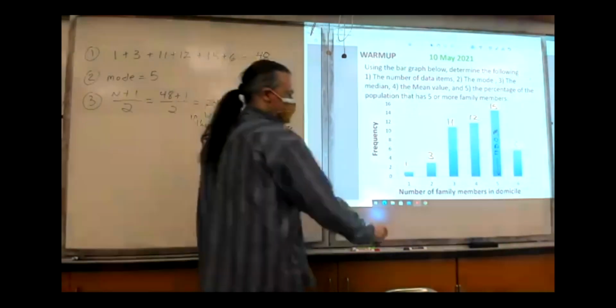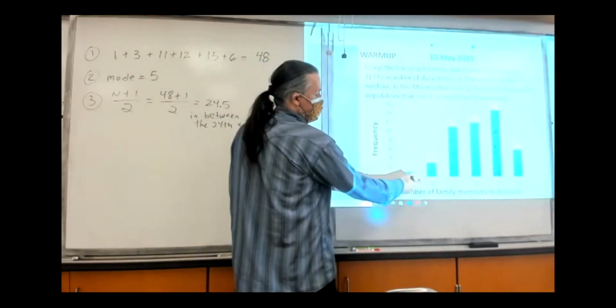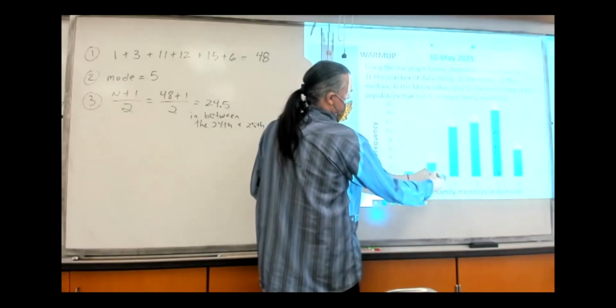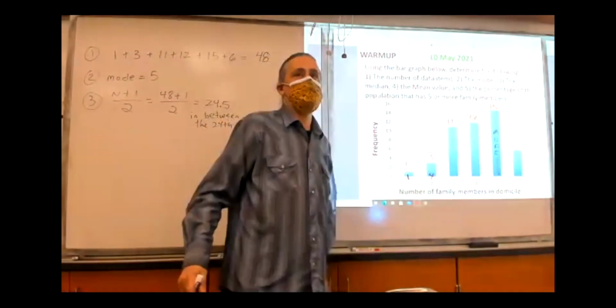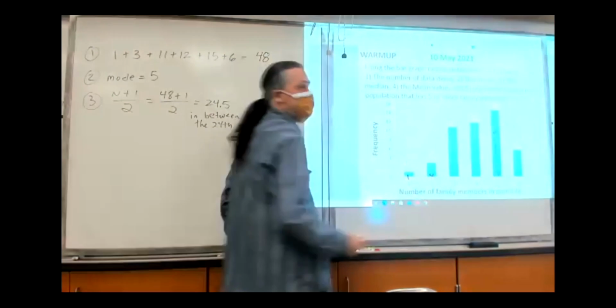Okay, well, let's see. There's 1 less than or equal to 1. There's 4 less than or equal to 2, so the 4th number would have been a 2. The 5th number starts in the next group. The 5th number is going to be a 3.